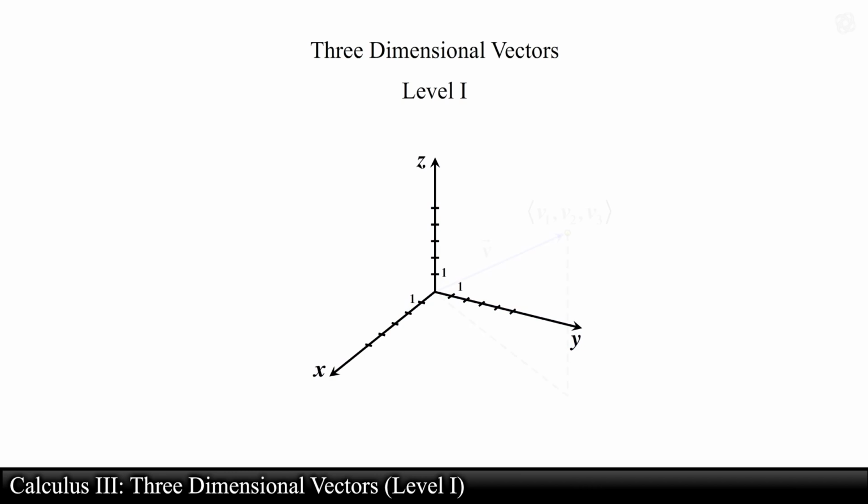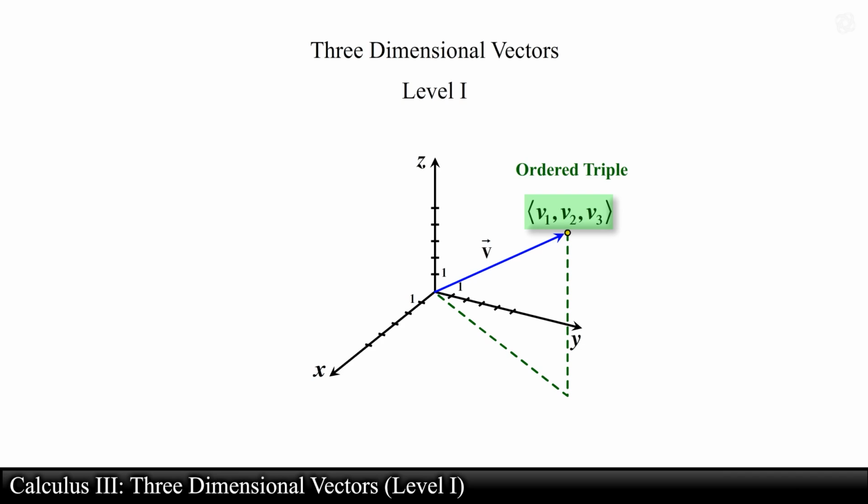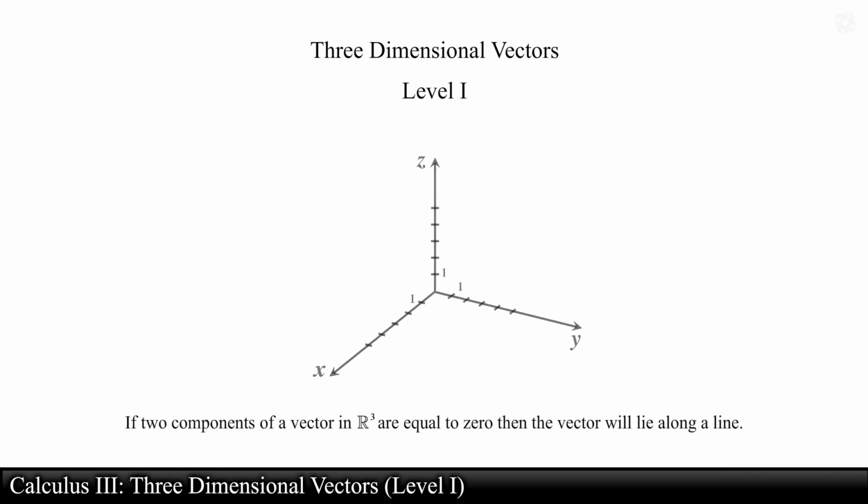In general, a vector located in space will have three components and are denoted by ordered triples as opposed to ordered pairs. If two components of a vector in R³ are equal to 0, then the vector will lie along a line. For example, the following vectors each have two components equal to 0, and they lie in the direction of the x-axis, y-axis, and z-axis respectively.